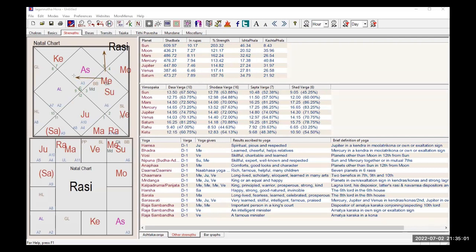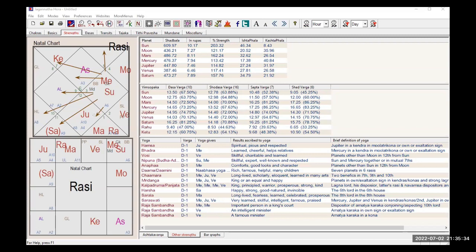Third house, 4th, 5th, 7th, 8th, 9th, and 10th. What aspect means is very simple. The Sun's full aspect of 60 virupas is falling on the 7th house. It means the Sun has its maximum influence on the 4th house in the chart.